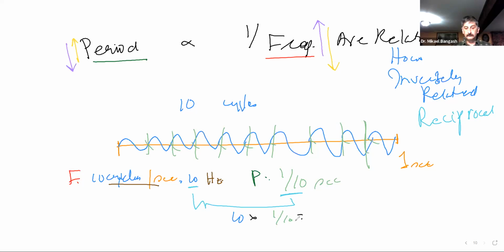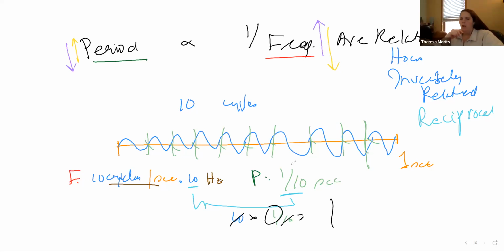And what do you get? 1. So if the frequency was 10 cycles per second, which means a frequency of 10 hertz, it would take each cycle 1/10 of a second to complete. Did you guys get that? Good.